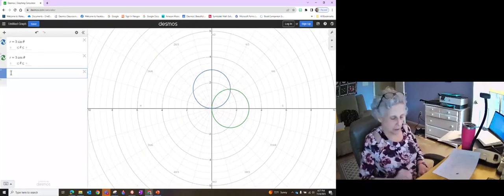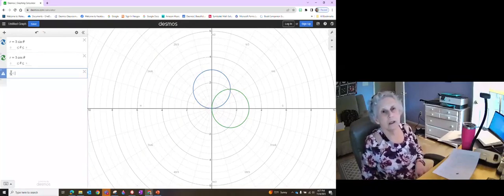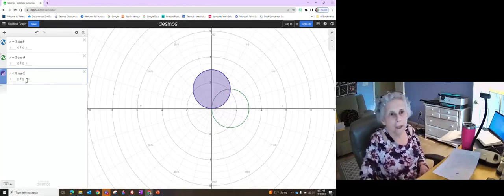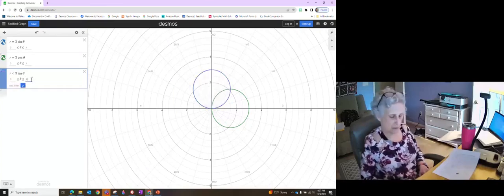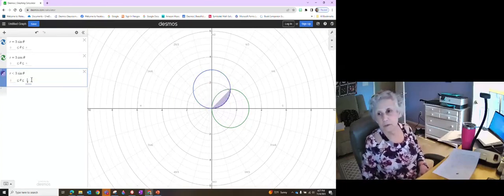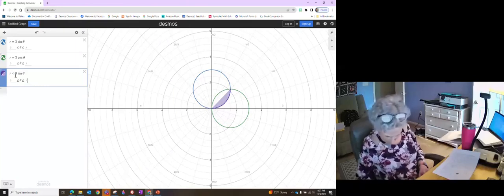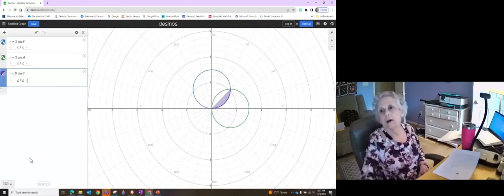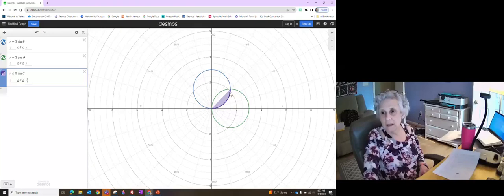So let's look at r is less than 3 sine theta, going from 0 to pi over 4. See, that's that first little half of a football. Let's make it less than or equal to, so I don't have those dashed lines there. So this is the area that I'm finding.